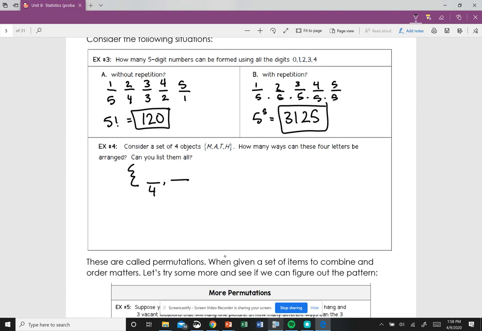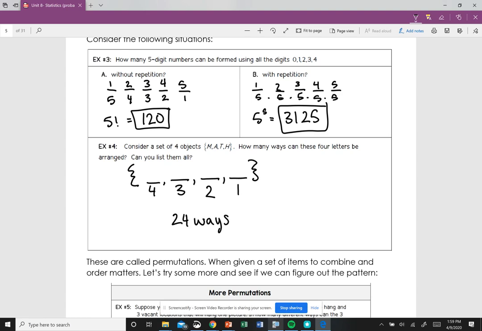How many ways could we arrange the second slot? 3, because we've already chosen one of the letters. How many ways could we arrange the third slot? 2, and then 1. So we do 4 times 3 times 2 times 1. And we would get 24.